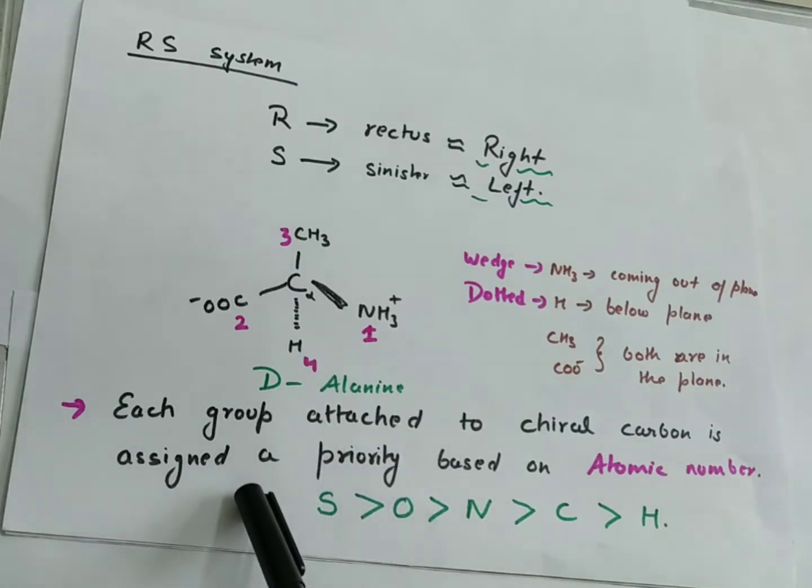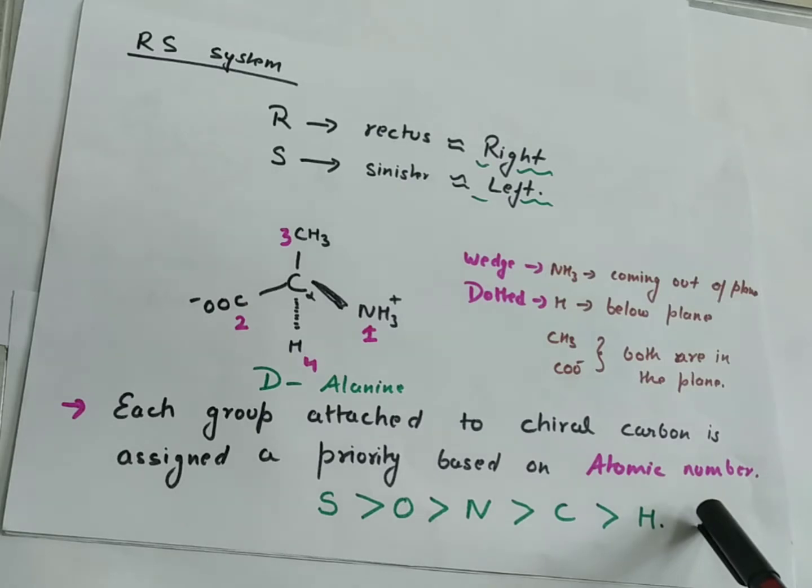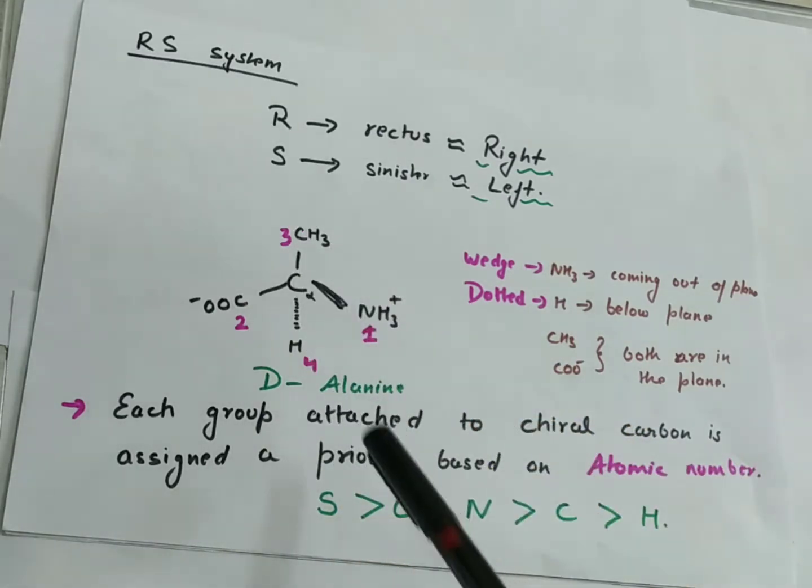Now in the RS system, what we have to do is assign priority to the 4 different groups attached to C alpha. That priority is based on the atomic number of the atom attached to it. Amino acids are usually made up of carbon, hydrogen, nitrogen, oxygen, and sulfur.